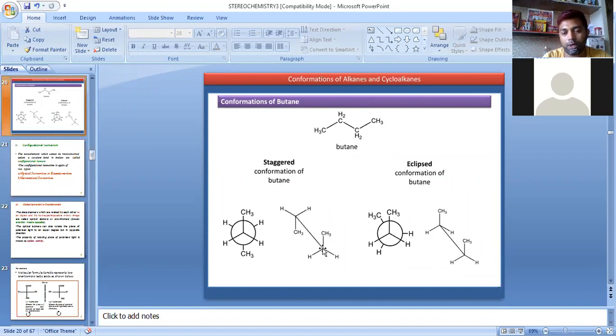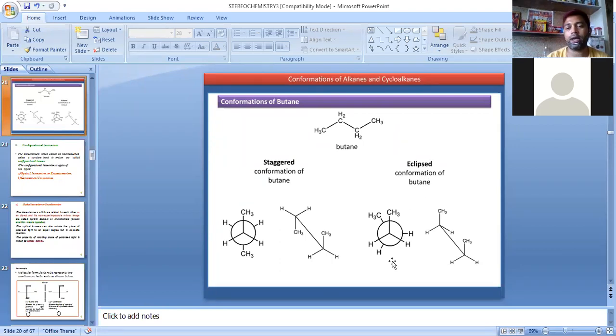Now on the front carbon, the bonding is like inverted Y, and the methyl group is present at the top. So they are anti to each other, isn't it? They are 180 degree apart, and that is why it is a staggered conformation. Understood? Now eclipsed conformation.